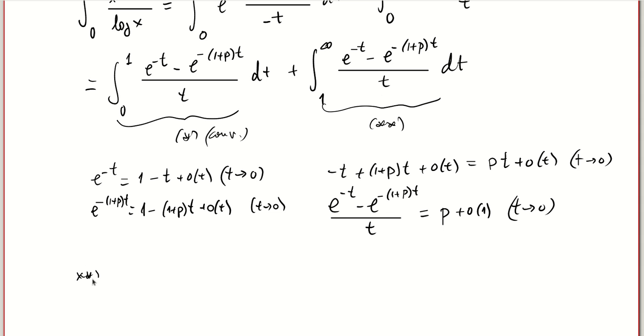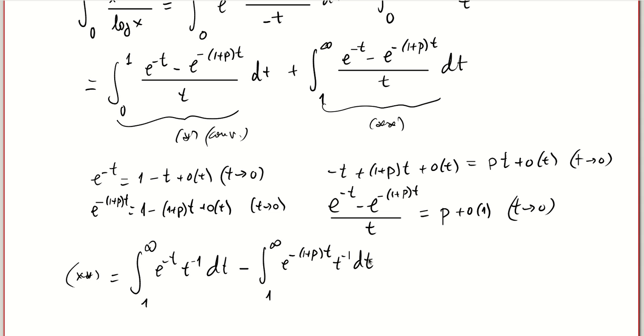So this integral here can be split as the integral from 1 to infinity of e to the minus t over t dt, minus the integral from 1 to infinity of e to the minus 1 plus p t over t dt. Now this integral here converges. We have analyzed that several times, right? For any exponent that you have here, this is a convergent integral, and so is this one.